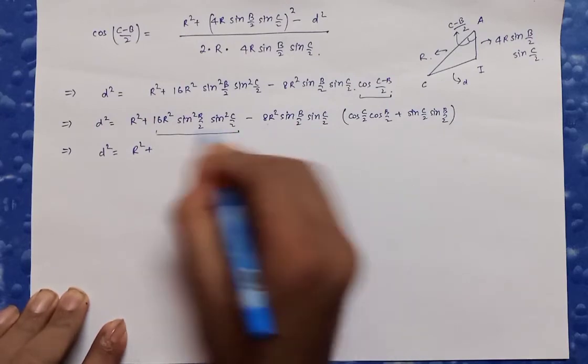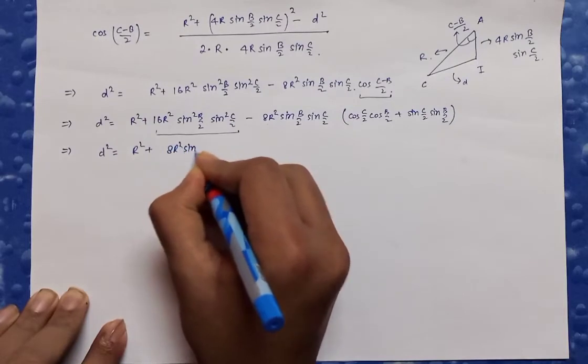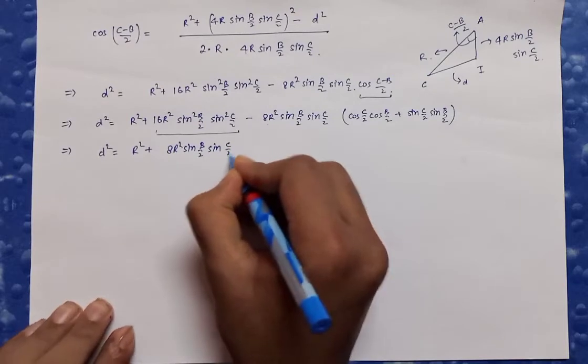So let's take out the common from the whole terms, 8R² sin(B/2) sin(C/2).